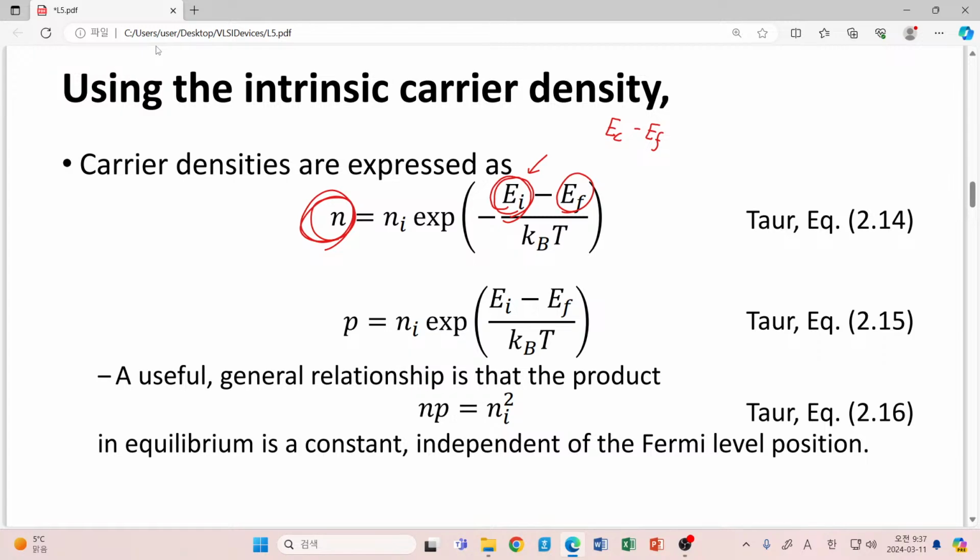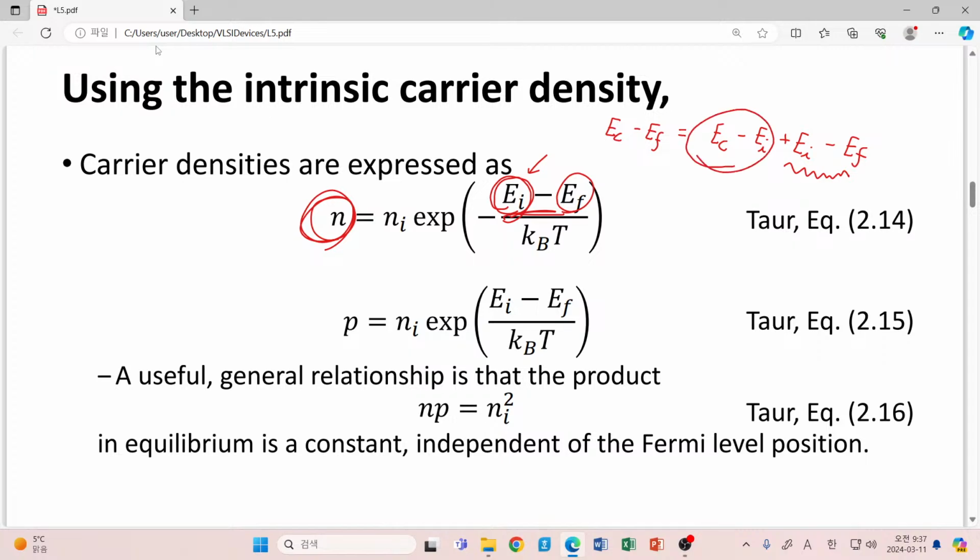EI minus EF. Then obviously, in order to have this kind of expression, we must do some manipulation, like EC minus EI plus EI minus EF. So we are now using this one as an input argument of our exponential function.